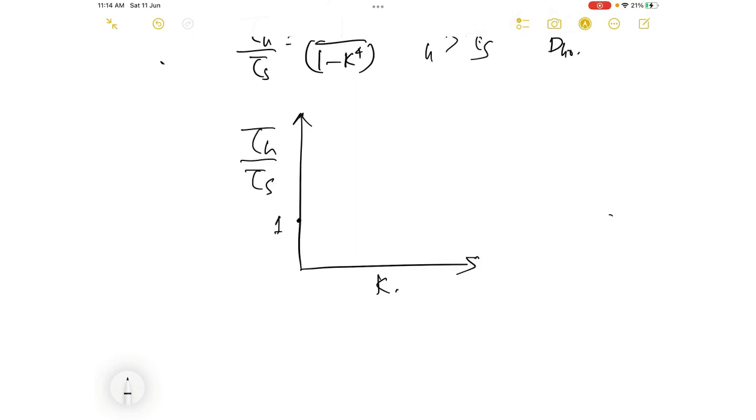So it will start at 1. So as we start to increase the value of k, what will happen is it will have this kind of a variation. Okay, and till a value of somewhere around 0.2, you don't actually see much of a difference in the value of the torsional shear stresses for the two cases.